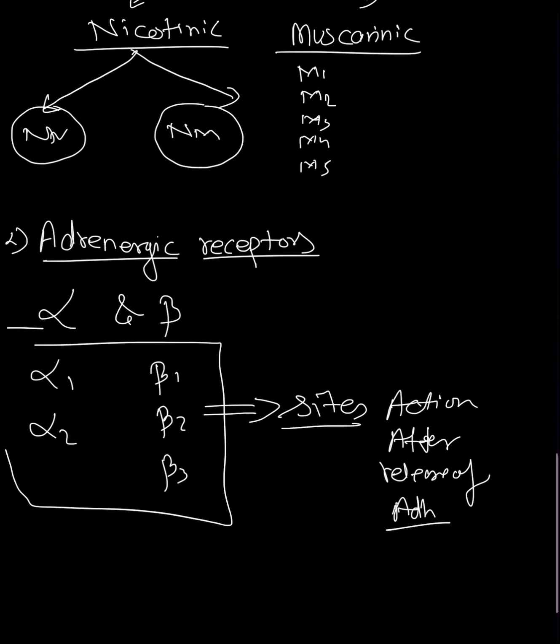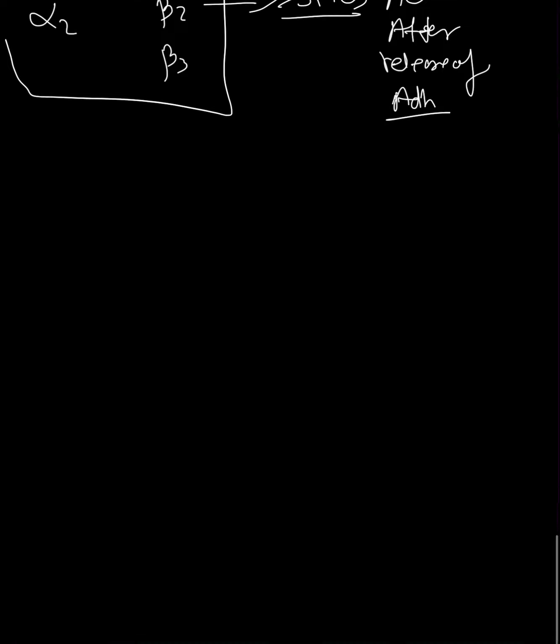Now we will discuss the synthesis of the neurotransmitter adrenaline. The first is phenylalanine.